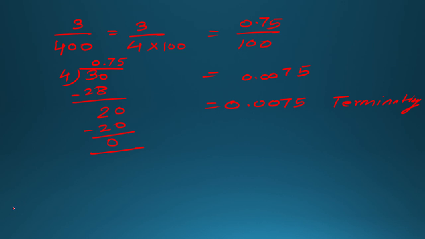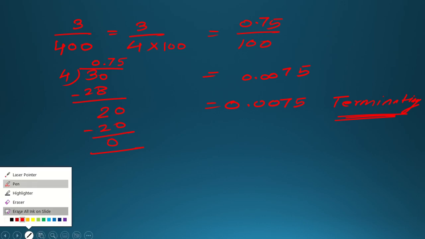Now what is that shortcut I was telling you about, because of which you can easily find whether it is terminating or non-terminating but repeating? See, I will tell you. If the denominator is a factor of 2 and 5 only, meaning 2 to the power anything and 5 to the power anything, it can be n number of times.